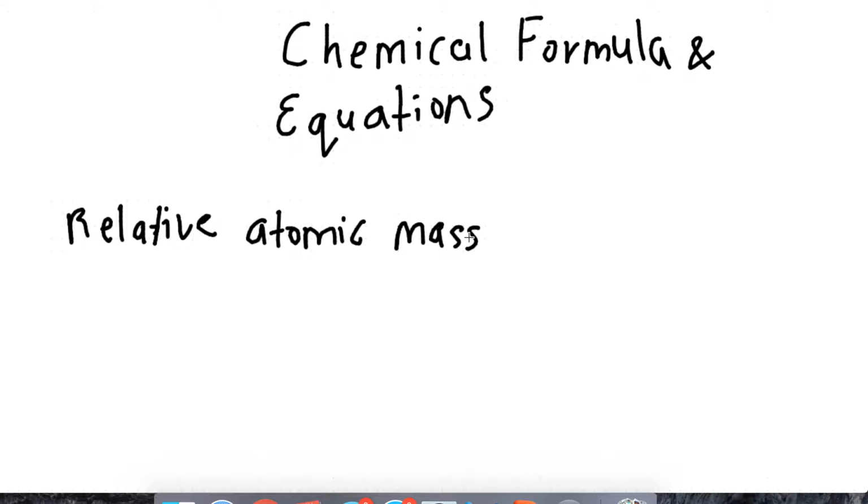The relative atomic mass is the mass of an atom when compared to the mass of carbon 12. Yes, exactly, carbon 12. So what this means is we are comparing the mass of an atom to the mass of carbon 12. Why are we talking about carbon 12? We'll come to that in a second.